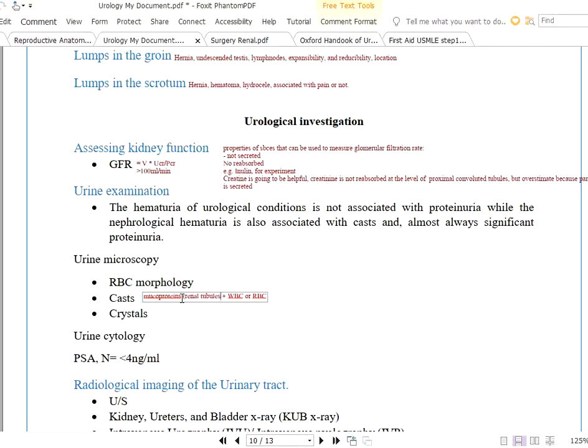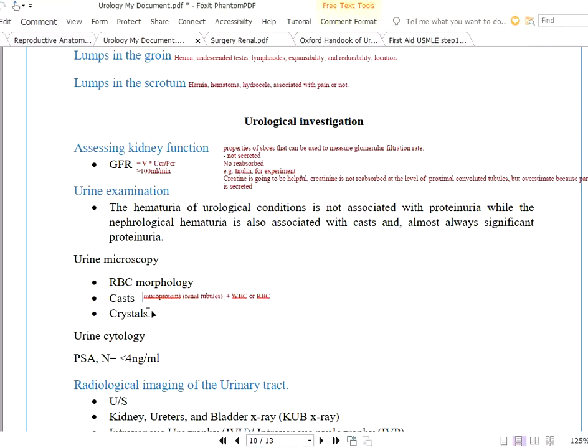As white blood cells or red blood cells go through the renal tubules, which may be the proximal convoluted tubules, distal convoluted tubules, or loop of Henle, and meet with this mucoprotein, they are the ones which form casts, which will appear on microscope.